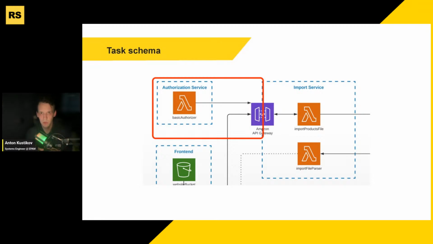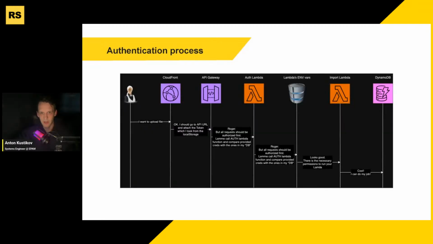It is responsible for only one thing: making sure that this action is authorized. Pretty simple and pretty obvious, I would say. We will have a look inside this Lambda function a bit later, to understand how it authorizes these actions. But now let's have a look at the authorization process.